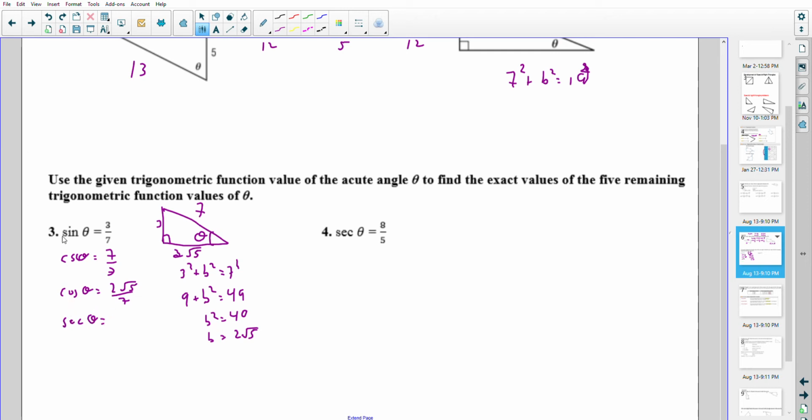Again, S's and C's, I'm matching them up. 7 over 2 square roots of 5. And tangent theta equals 3 over 2 square roots of 5. And the cotangent of theta is the reciprocal, which is 2 square roots of 5 over 3. Again, pairing them up as reciprocals.